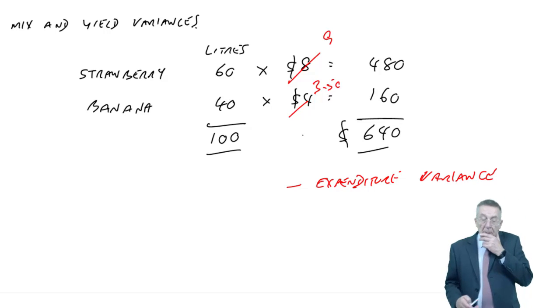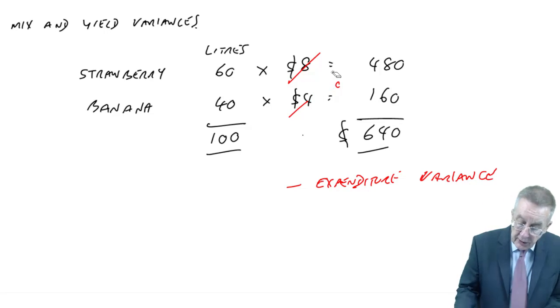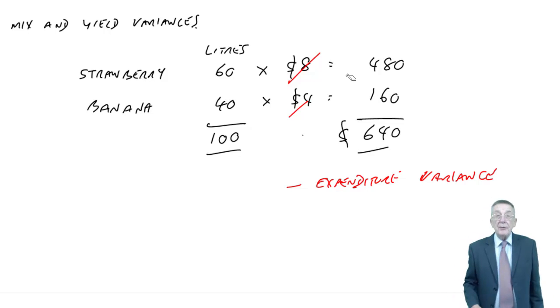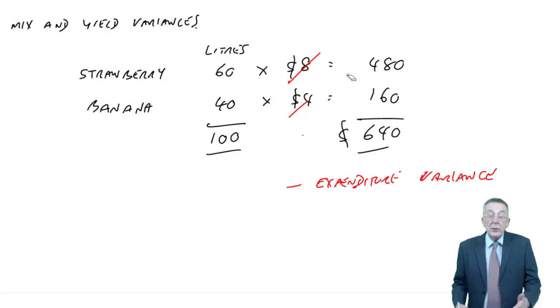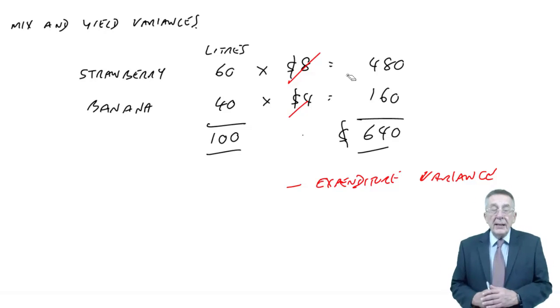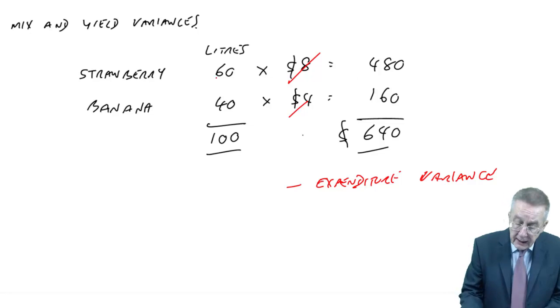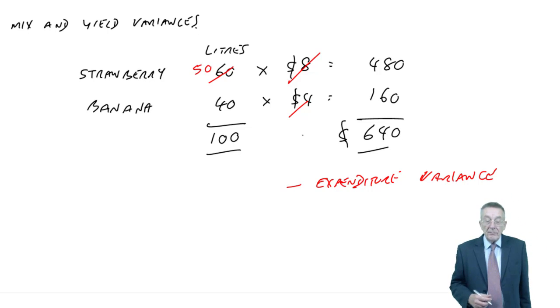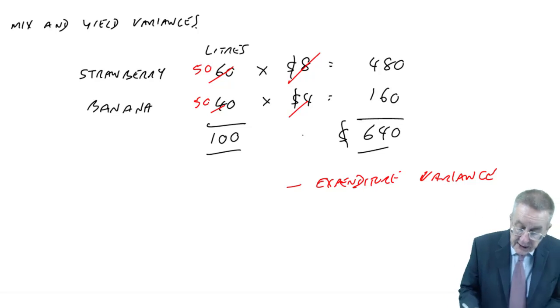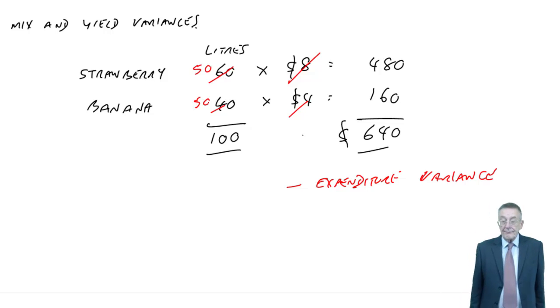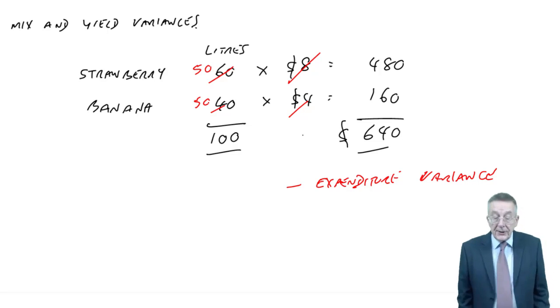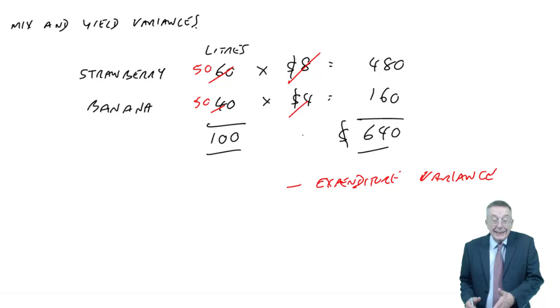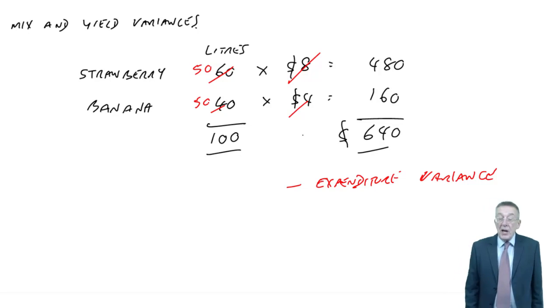What else could have gone wrong though? Even if we were paying the correct prices, even if we did pay 8 and 4, we might decide, or it might be forced on us, that we end up mixing it slightly differently. Maybe we ended up only using 50 litres of strawberry. But of course, if we use 50 litres of strawberry, we have to use 50 litres of banana. And for whatever reason, if that's what we end up doing, then the total cost will change.